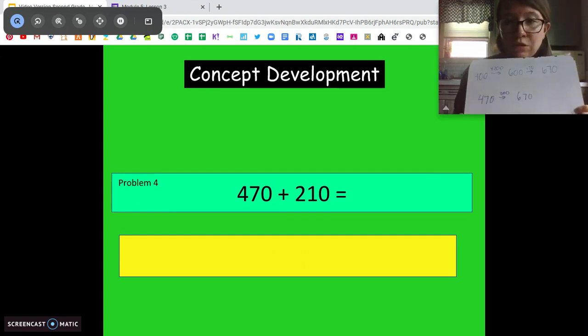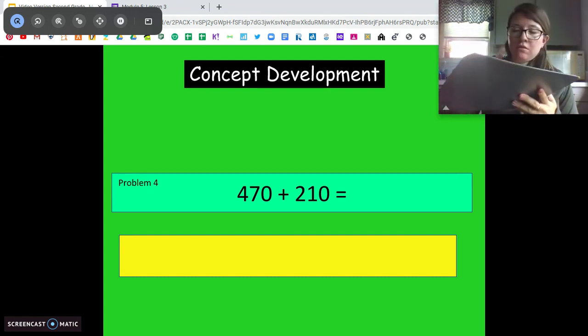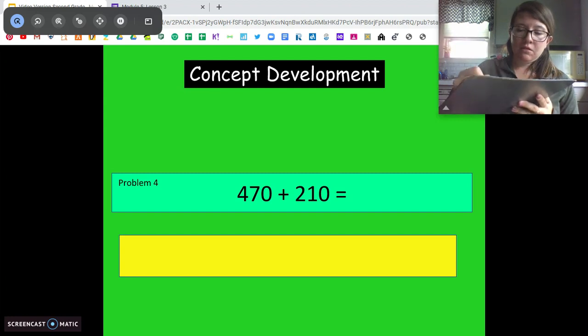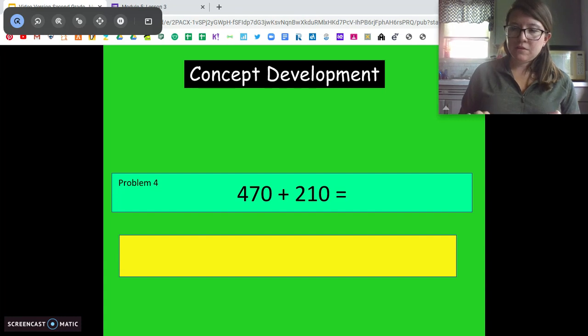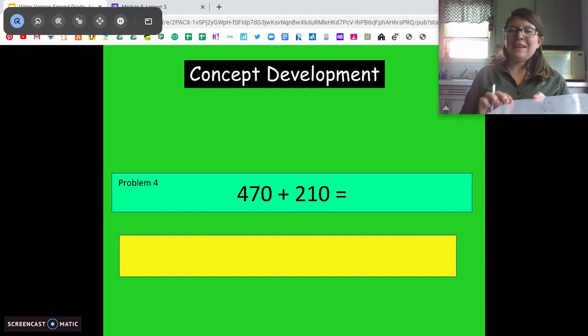Now try this one using what we know. 270 plus 470 plus 210. Okay. What I'm noticing... What'd you notice? Yeah, me too.